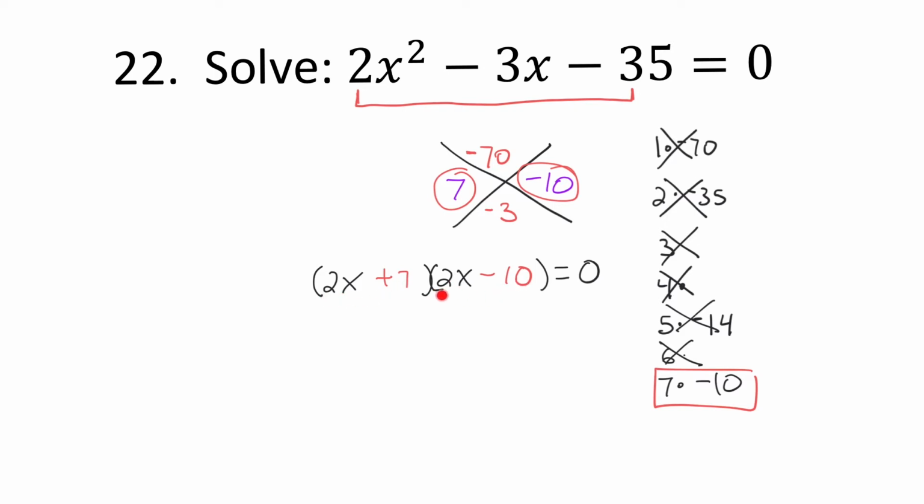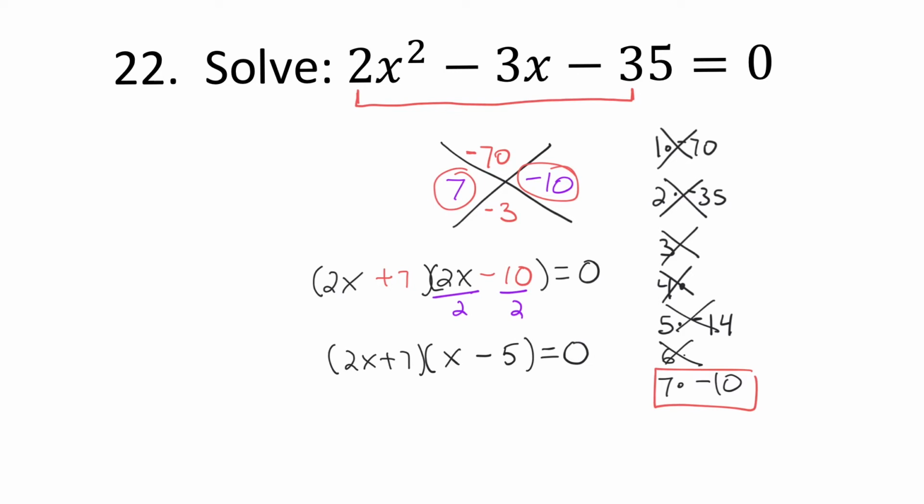You reduce. Notice, I cannot reduce this one, but I can divide by 2 in the second binomial. So I am going to divide by 2, divide by 2. So I'm going to have 2x plus 7 times 1x, or just x, minus 5. 10 divided by 2 is 5, equal to 0.